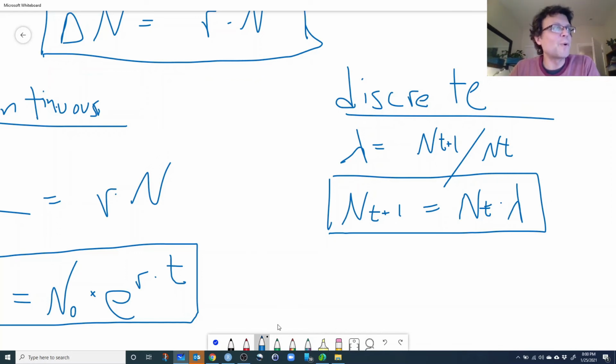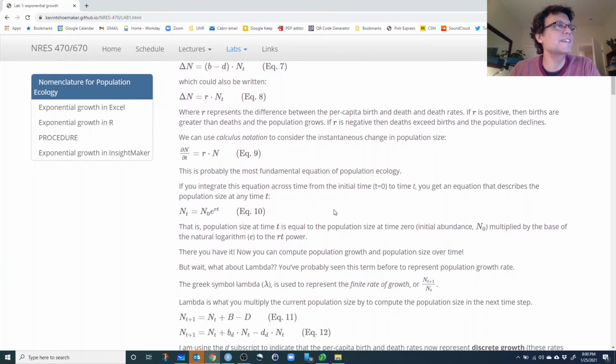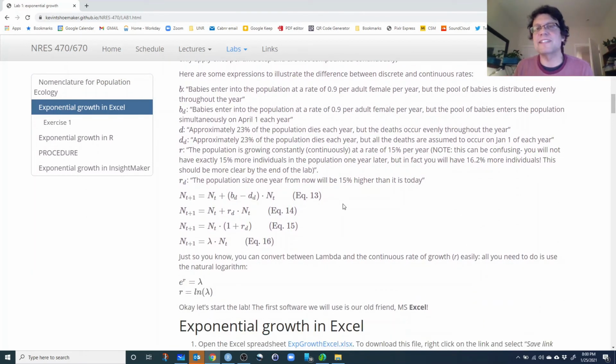All right, before we end, and we're very close to finishing up here, let's first of all go over the difference between discrete and continuous growth. This is a really important distinction, and it's not always the easiest distinction to make.